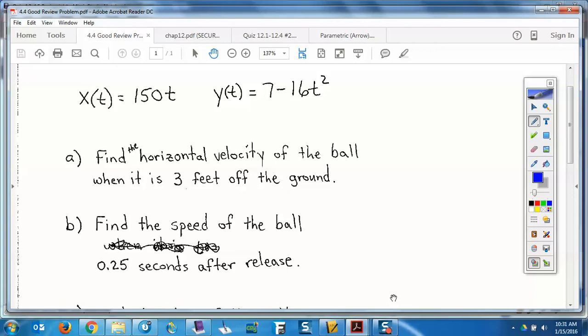Okay? Let's graph it. So this is like the baseball player throwing the ball from a height of 7 feet. I'm not going to give you the window. I want you to figure it out. But I might give you the window on the quiz, but I might not. Might give you some information about it so you could set your window. Okay? So this is like the baseball player, 7 feet off the ground at release, throwing it horizontally at 150 feet per second. So go ahead and draw yourself a little picture of that.